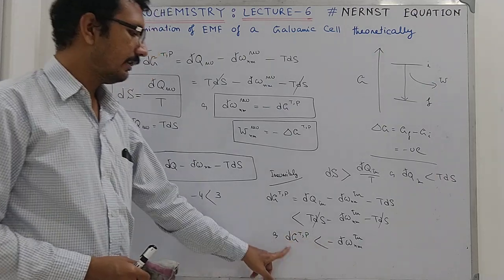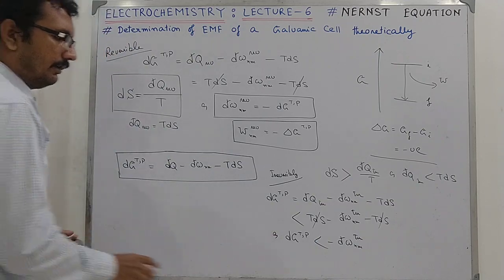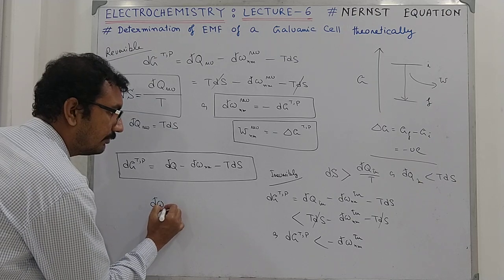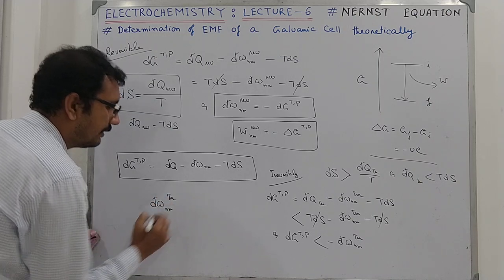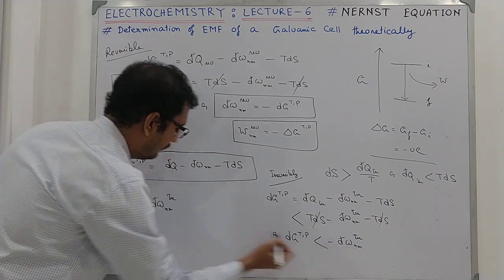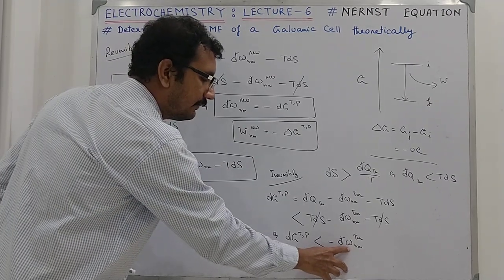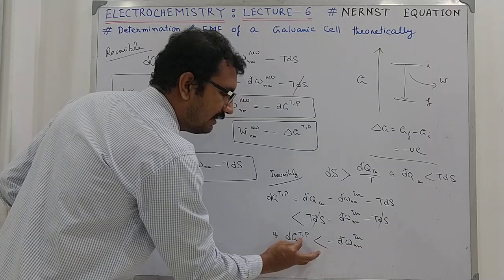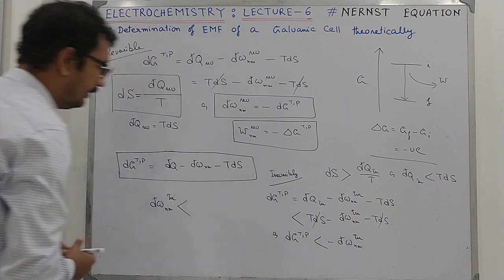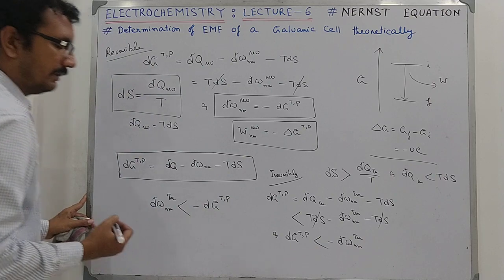So you want this negative here, so you have to multiply both sides by a negative sign. So it will give us d cross w, non-mechanical, irreversible. You see, d cross w non-mechanical, it was greater than, but it will be less than. We are writing this on the left hand side. When we multiply by negative, it will be less than. So the less than sign will be towards the work done. So it will be minus dG at T, p.